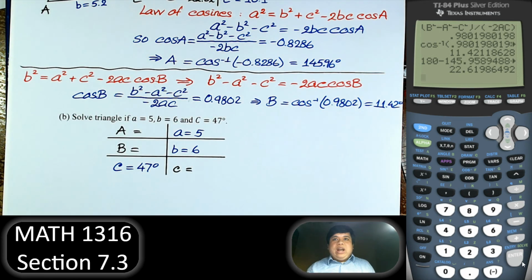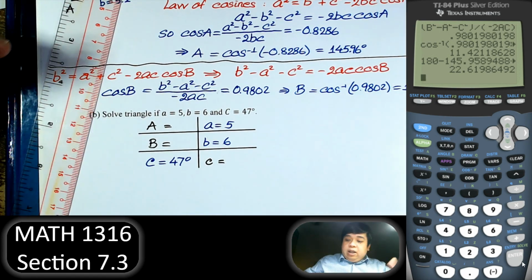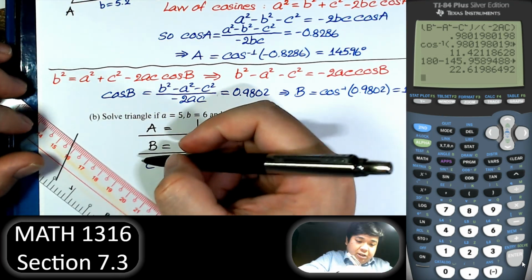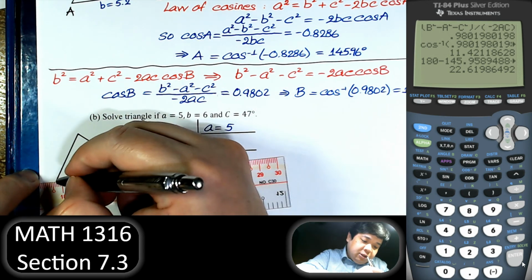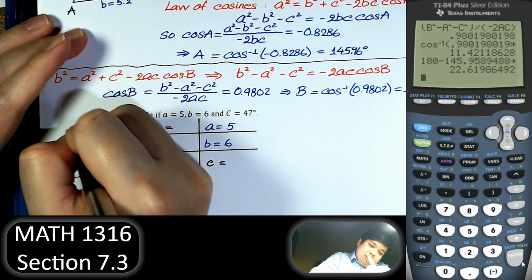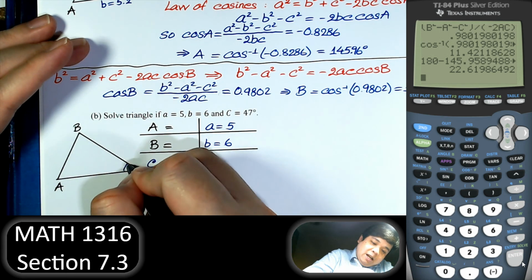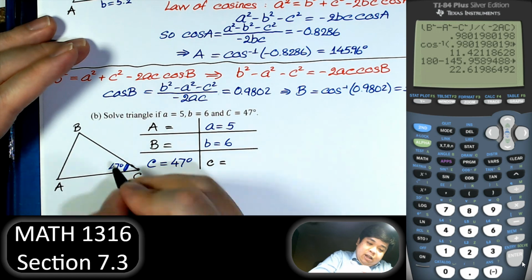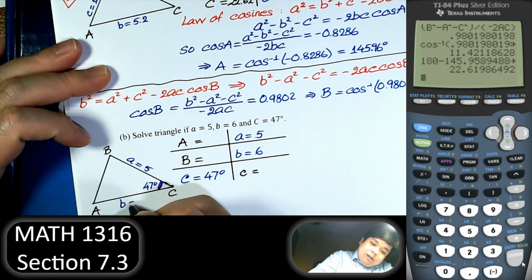Of course we can do the math from here, but the reason that I draw the triangle is just so we can see what scenario we have here. We have angle C, 47 degrees, side a opposite from A, and side b.